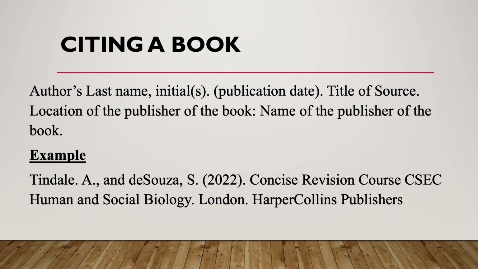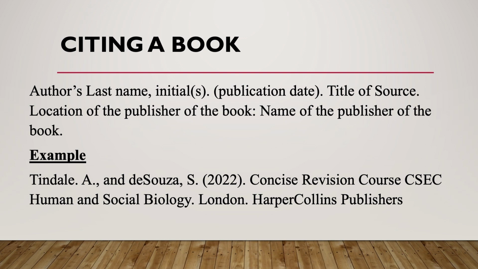In brackets, we have the year of publication, which is 2022. Followed by that, we have the title of the book. The name of the book is Concise Revision Course for CSEC Human and Social Biology. Then we have the name of the publisher of the book.